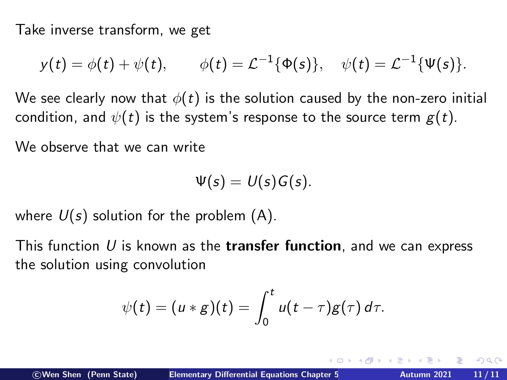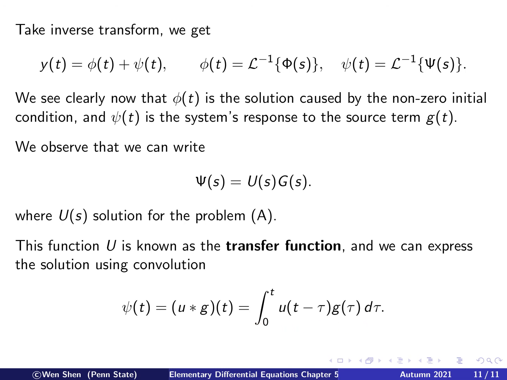It is known as the transfer function. Now we can apply the convolution theorem. The inverse transform of capital Psi of s can be computed as the convolution of u with g, where u is the solution of problem A, which is the integral from 0 to t of u of (t minus tau) times g of tau d tau.